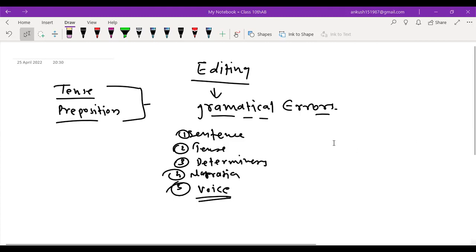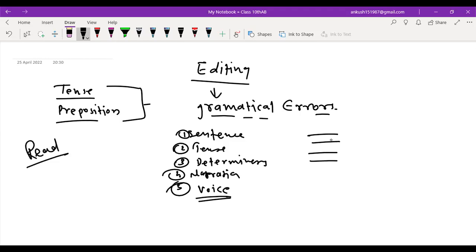For editing and correction, I think only 5 errors are given, and almost all the lines have grammatical problems. While going for this, you have to read that paragraph or those lines at least 3 to 4 times.